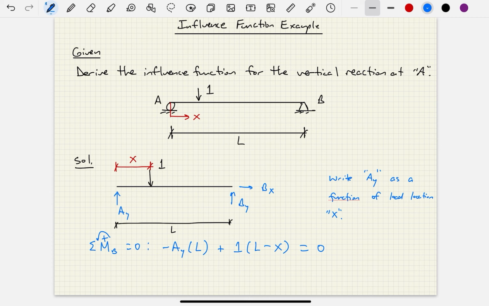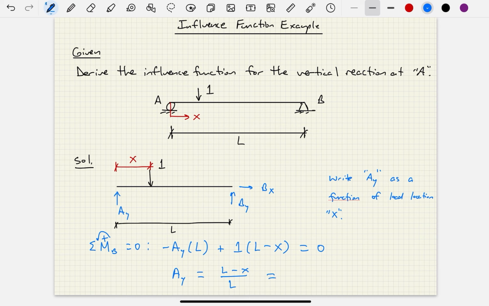And that's it. That equals 0. So here I can do some rearranging, and I can get this influence function. I can say AY is equal to what? Well, that's just going to be L minus X divided by L, okay? So all I did was rearrange and solve for AY. Now, you can write this a little differently if you want.